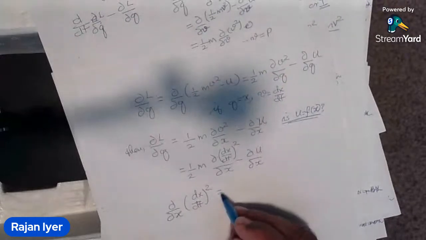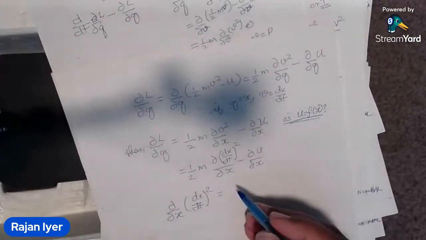People don't do these kinds of things, but I want to do this because I think it's a simple fundamental thing. If we keep doing it, I think we should be able to reach somewhere. So del x by del t. Okay. So what is del over del x of dx by dt squared? If we treat it like that, I'm differentiating now with respect to x. That's why the space and time comes. I think this is where Minkowski starts working out, because you have both space and time coming into the picture here.